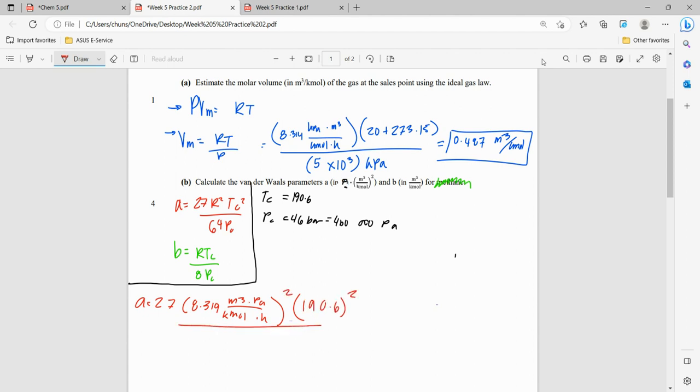This is also squared over 64 times our 460,000 pascals. And this is equal to 27 times 8.314 squared times 190.6 squared divided by 64 times 460,000.